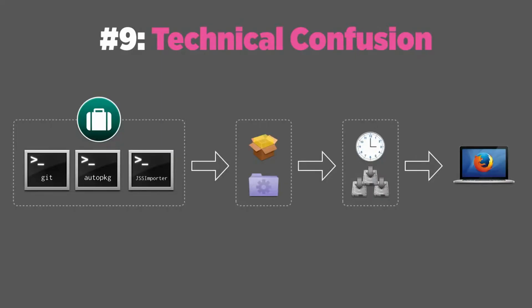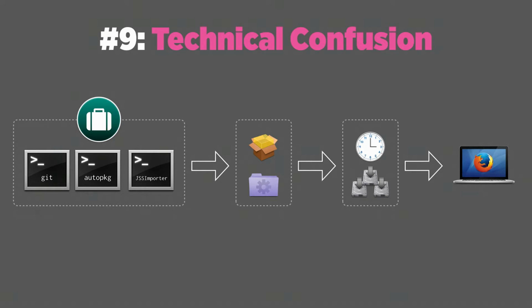And along the same lines, technical confusion kind of escalates exponentially as you integrate more systems. Anything having to do with AutoPkg, AutoPkgr, JSS Importer, and your Jamf server really gets up there in terms of moving parts that you have to keep track of.